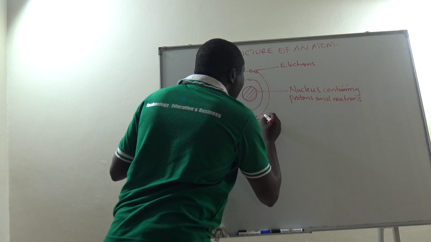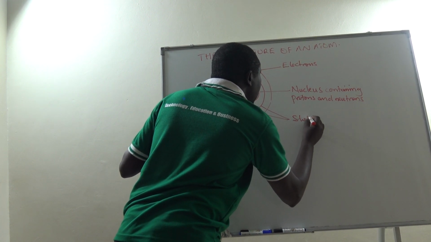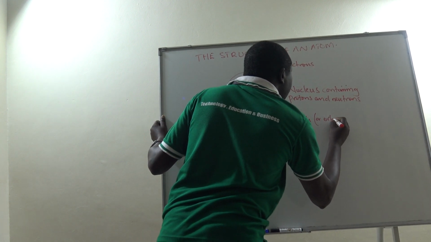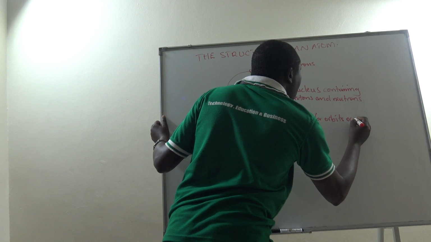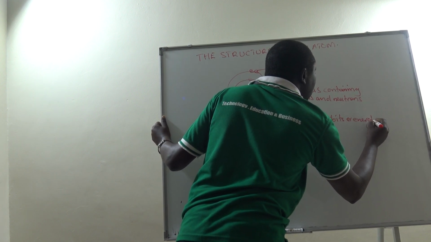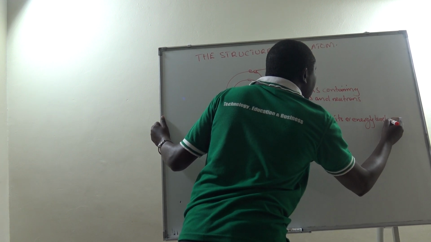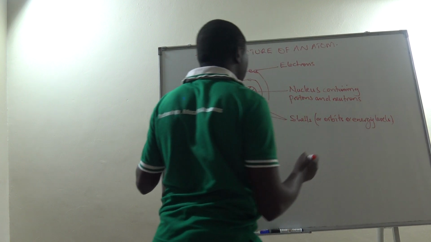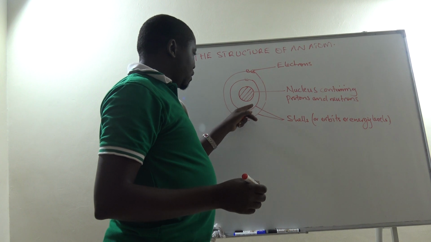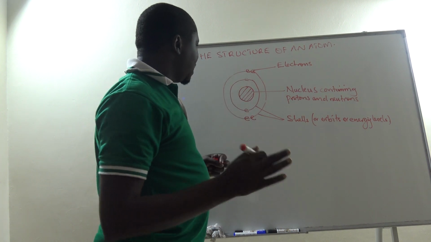So these paths here, we do call them shells, or we can call them orbits, or we can call them energy levels. So, electrons move around the nucleus in shells, what we also refer to as being orbits or energy levels.